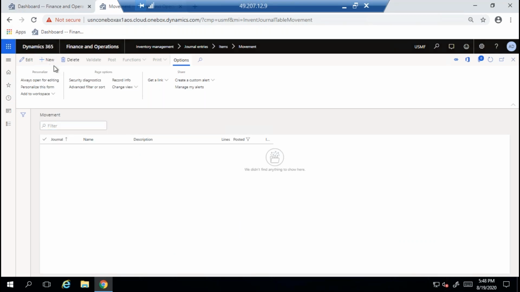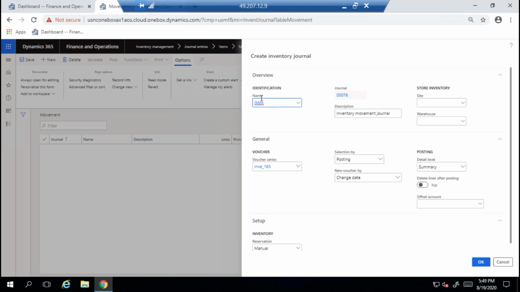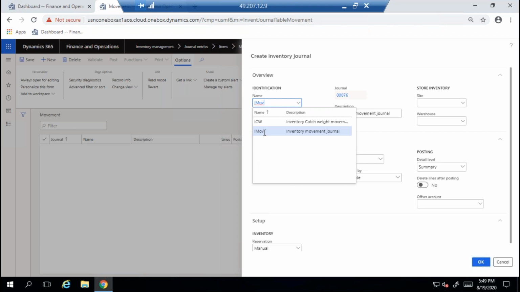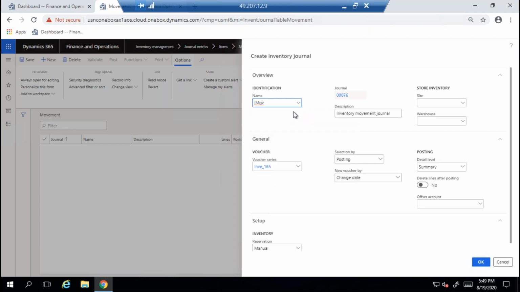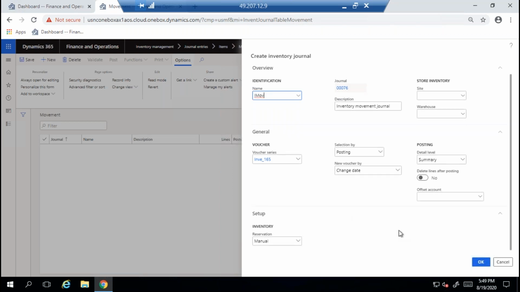Click new, select the journal name, it is automatically populating. This is journal name. Journal number is populating automatically. Click OK.